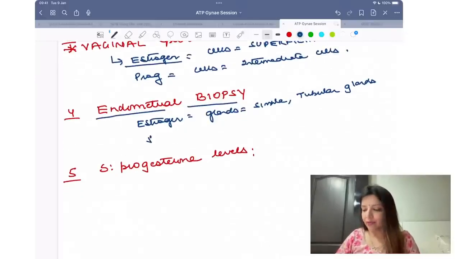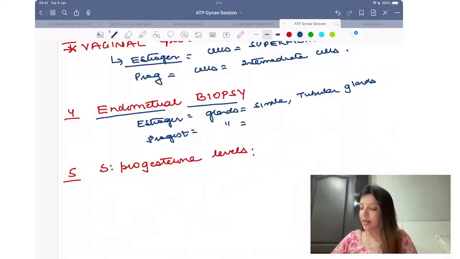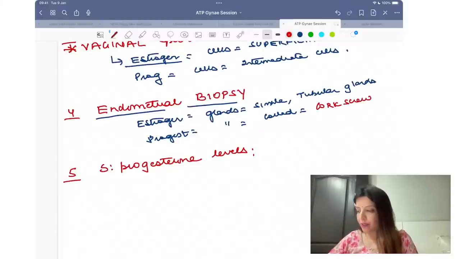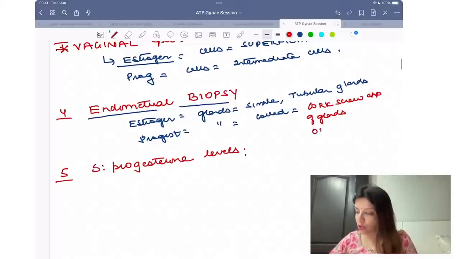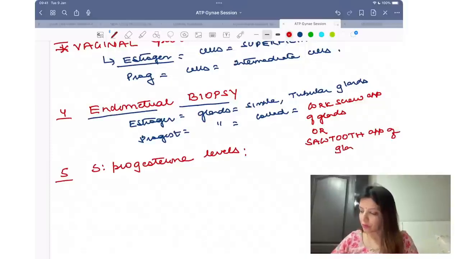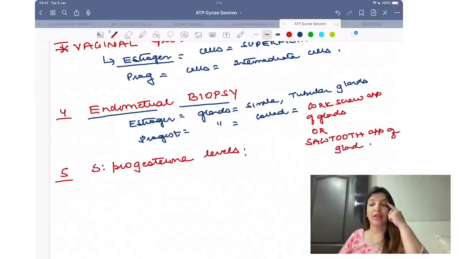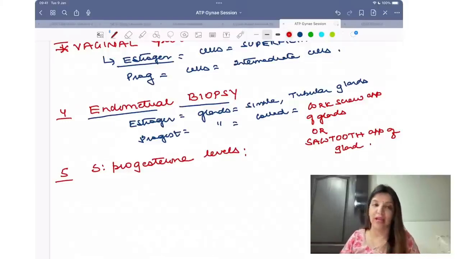Whereas under the effect of progesterone, the glands are coiled, and this is called the corkscrew appearance of the glands, or the sawtooth appearance of the glands.